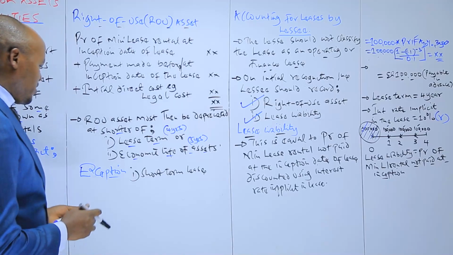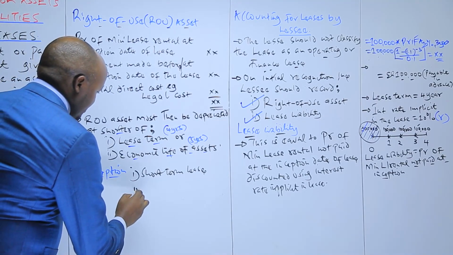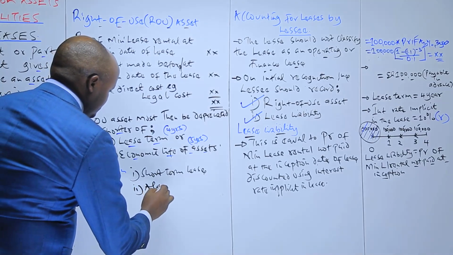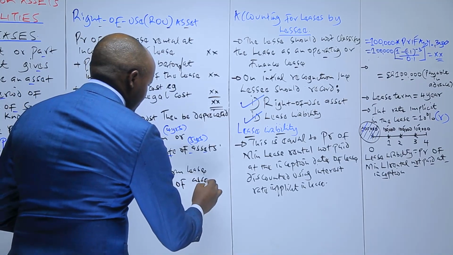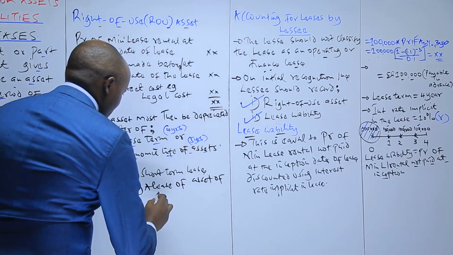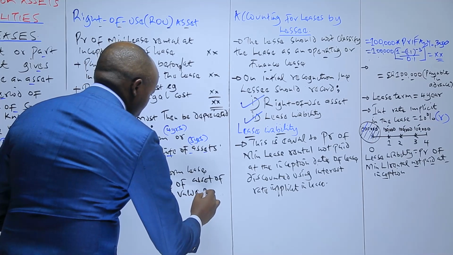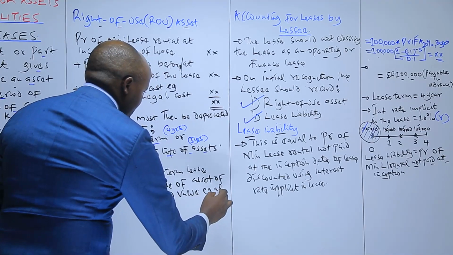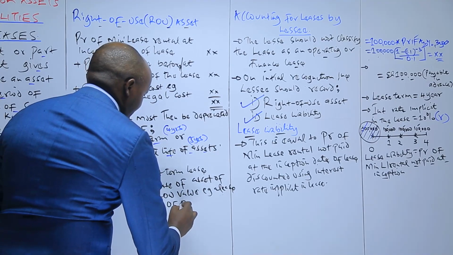Number two, the other exception, is in case of what we refer to as a lease of an asset of low value, and a good example of this is a lease of a personal computer.